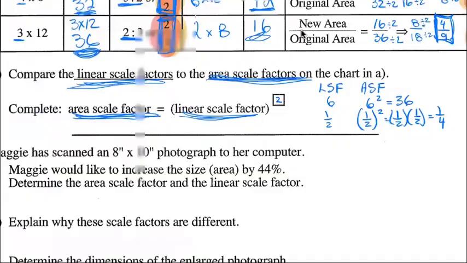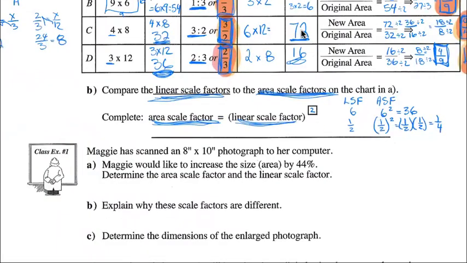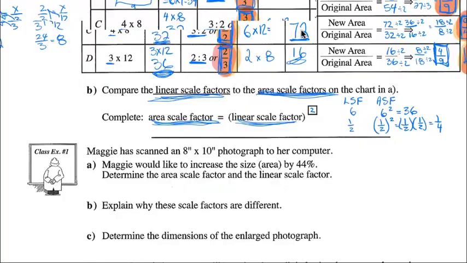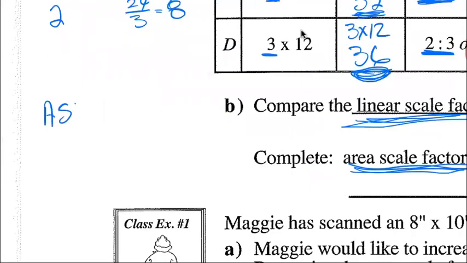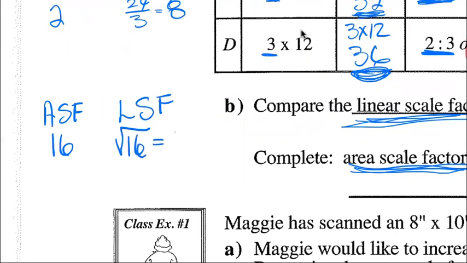So the relationship that we now know between linear scale factor and area scale factor is that if you square the linear scale factor, you will get the area scale factor. And you can work that backwards also. If I know that my area scale factor is 16, my linear scale factor is going to be the square root of 16, or 4.